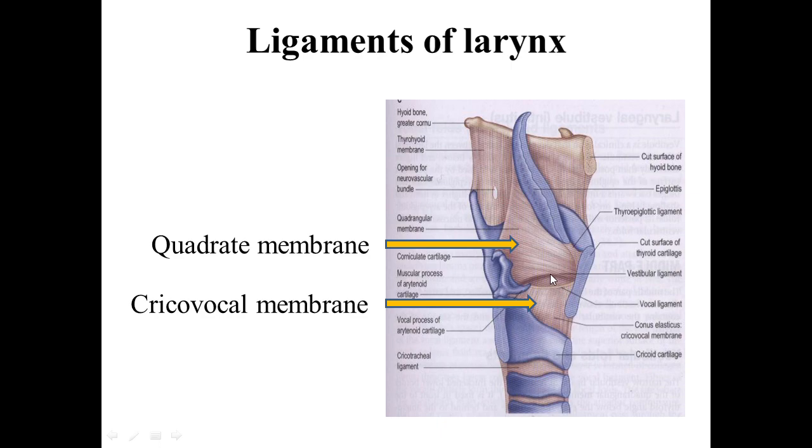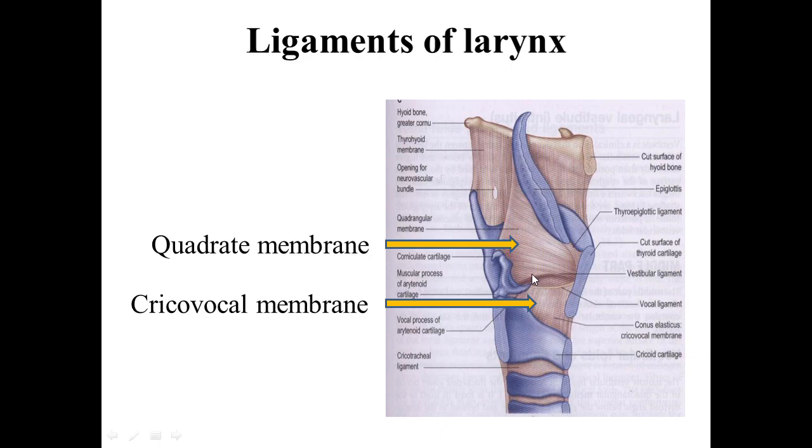So in the cavity of the larynx, there are three folds. The aryepiglottic fold, which extends from the arytenoid cartilage to the epiglottis, contains the upper border of the quadrate membrane.